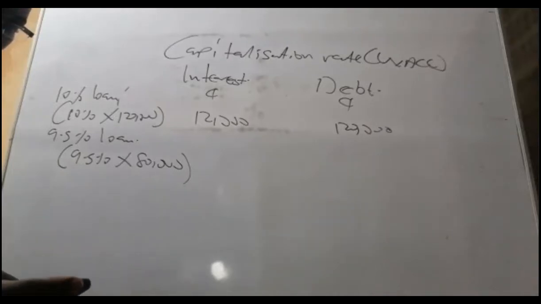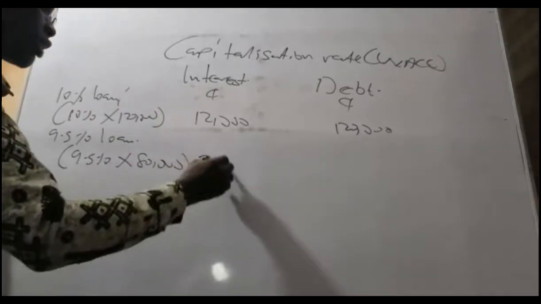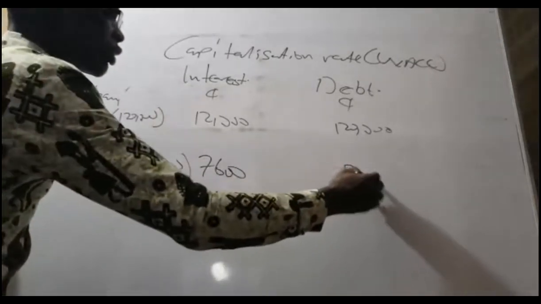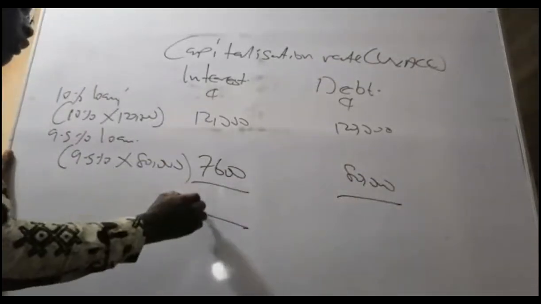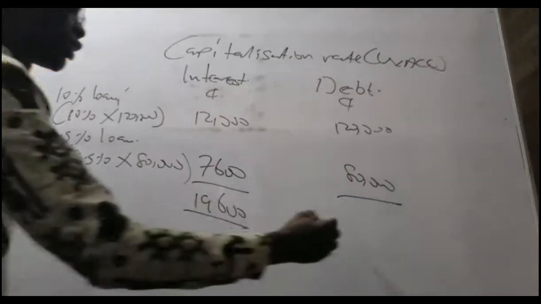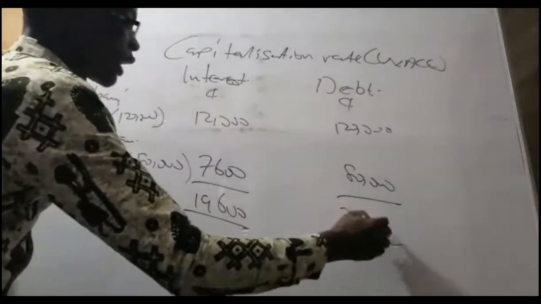One, two, three. Then you get to 7,600, right? So here's 7,600. And here is 80,000. So getting the total, what do you get? It'll give us 19,600 and 200,000.